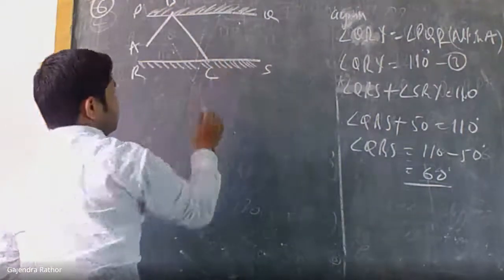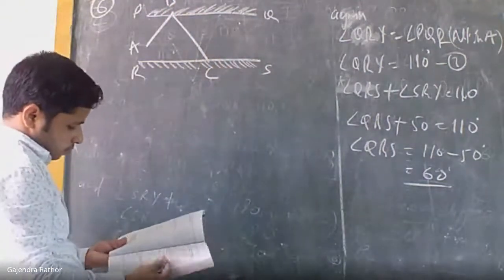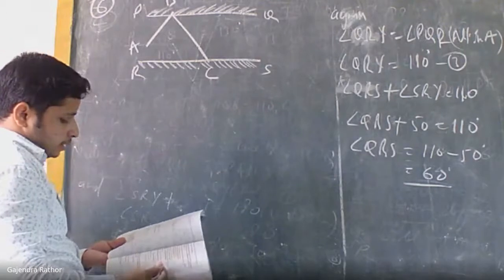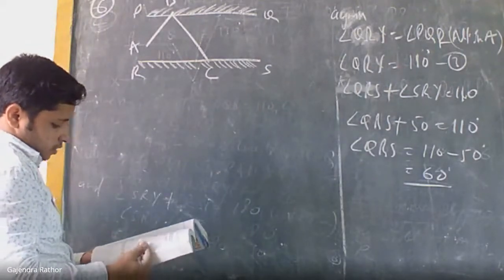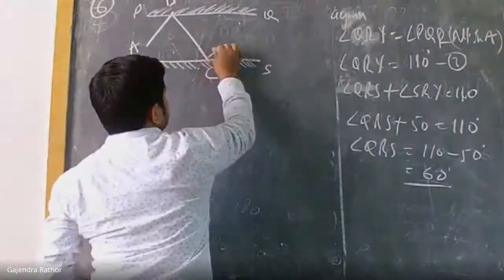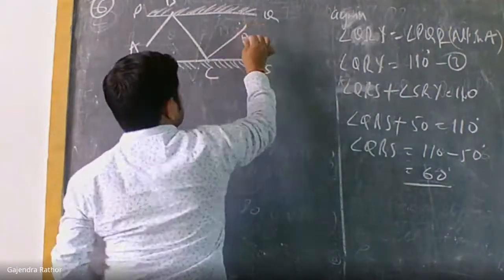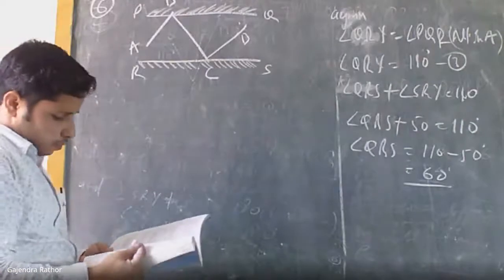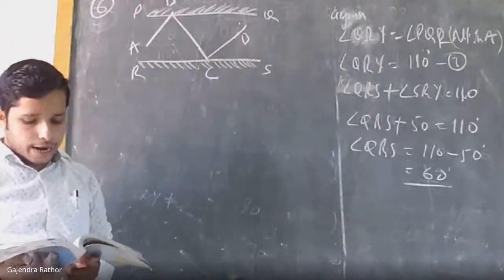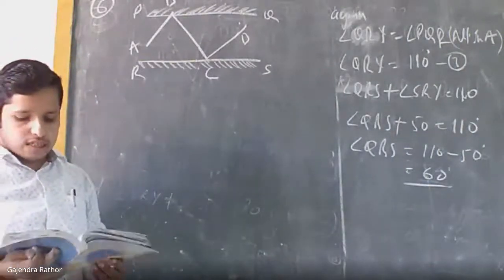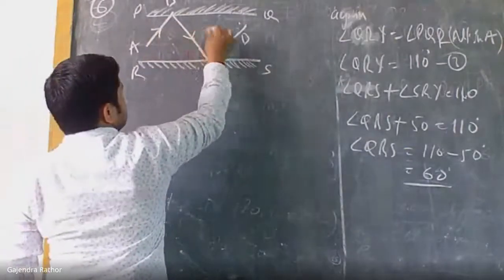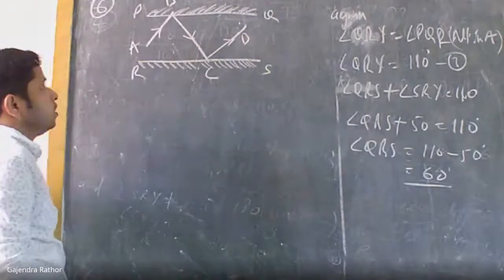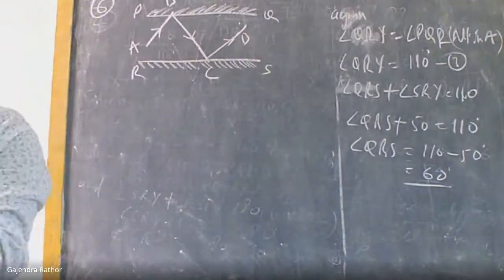This is BC, and it again strikes and reflects back along CD. This is CD. Prove that AB is parallel to CD. So we need to prove that line AB is parallel to CD.